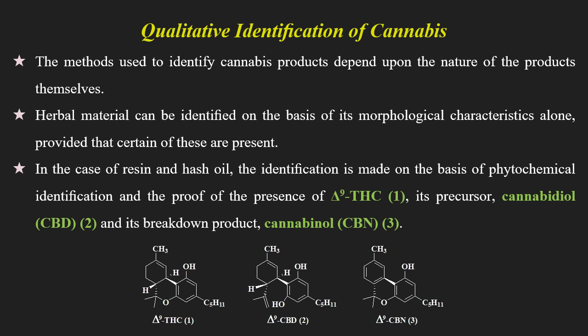These are the structures of the three phytochemicals which are identified during the analysis: delta 9 THC, delta 9 CBD, that is cannabidiol, and delta 9 CBN, that is cannabinol.